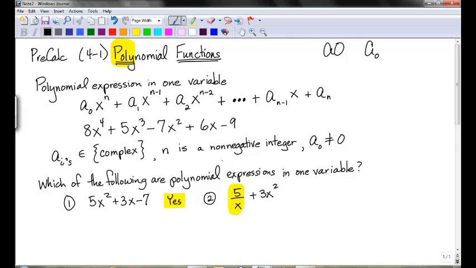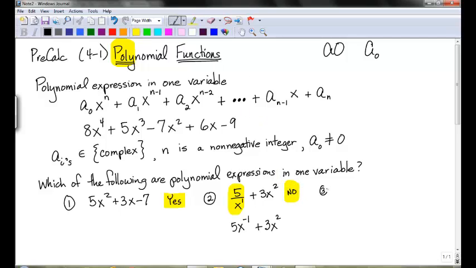Yeah, because if you rewrote that, remember, to bring it up, you make it a negative exponent if it's positive in the denominator. That's the one that throws that off. Those exponents have to be non-negative. So this one would be no.